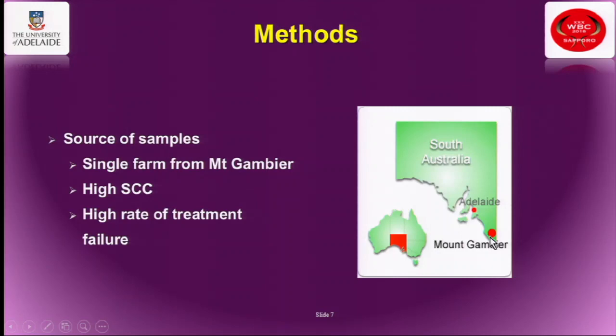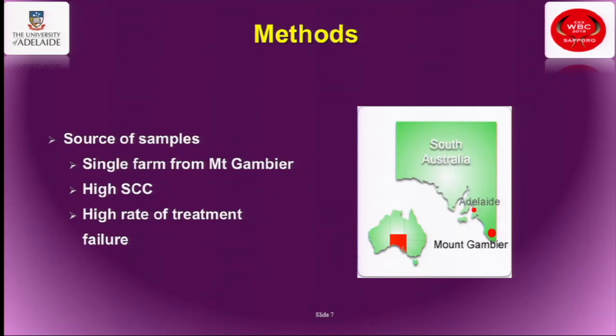We collected those samples at cow level, as I said, and samples were kept on ice and sent immediately to the University of Adelaide in Adelaide. This farm had a history of high somatic cell counts and multiple antimicrobial treatment failures.